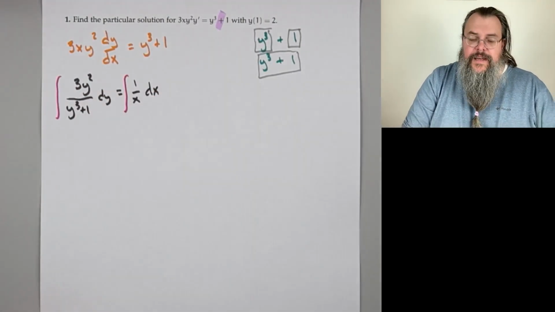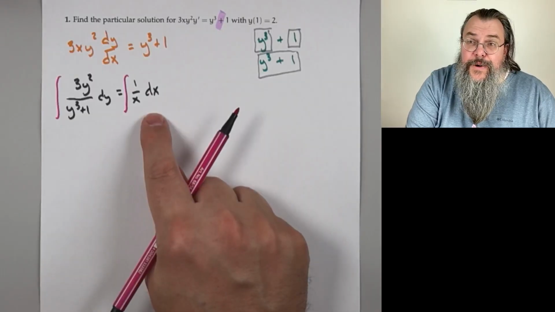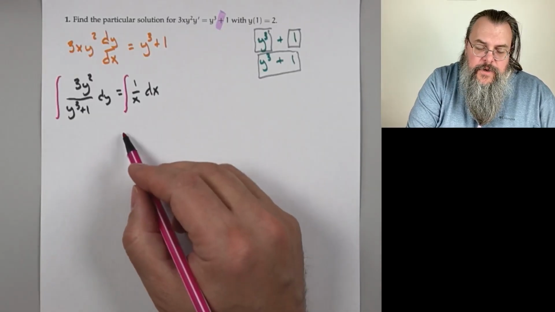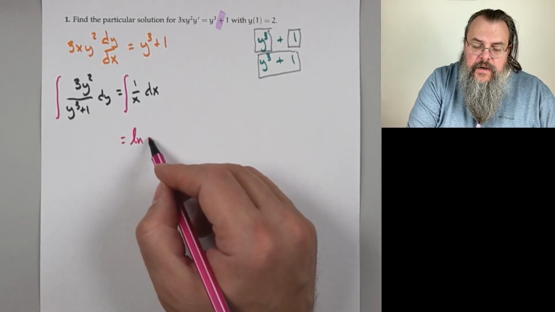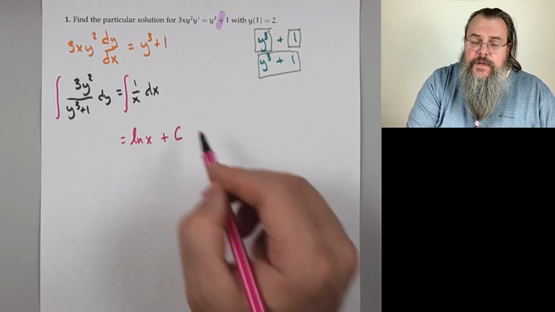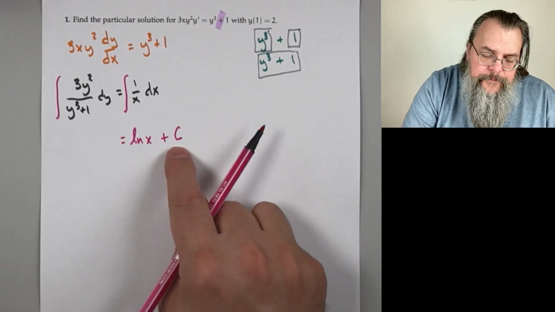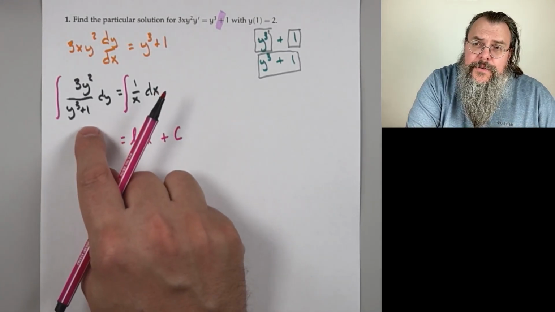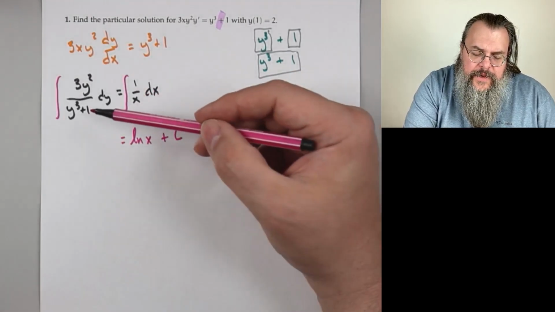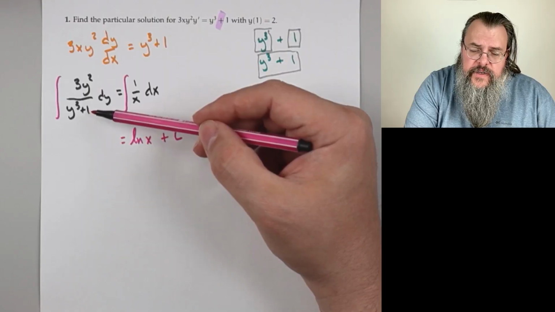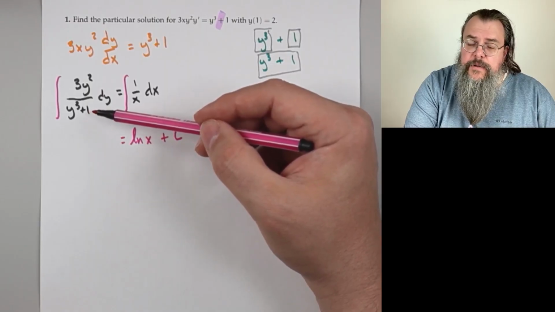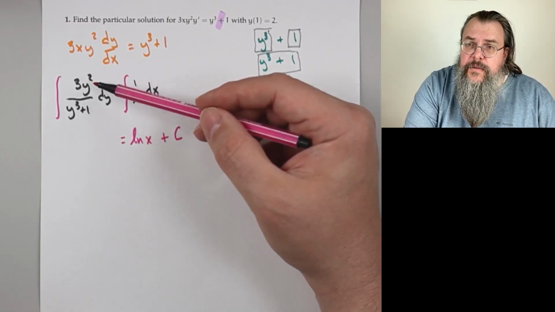Nice. Now the right-hand side is pretty quick. The integral of 1 over x is log x. And of course, don't forget we need to throw a constant in somewhere. Usually I like to throw it in on the right-hand side. How about the left? Well, if you look at the left, you have a y cubed plus 1 downstairs. The derivative of y cubed plus 1 is 3y squared.